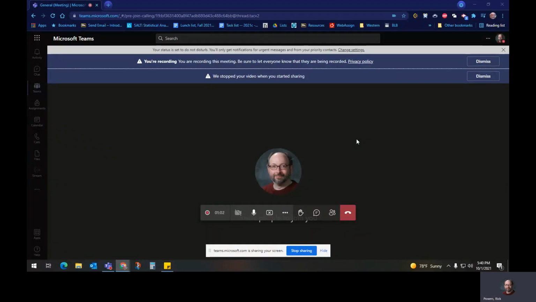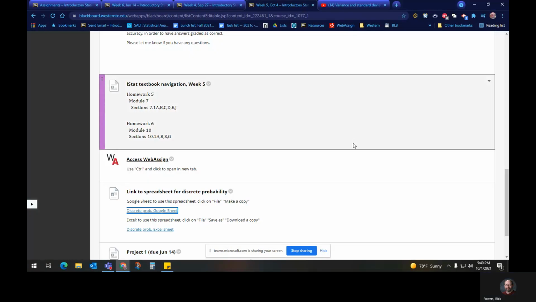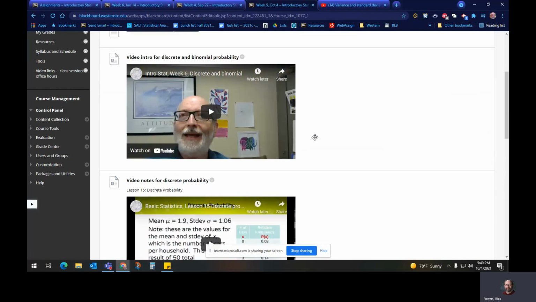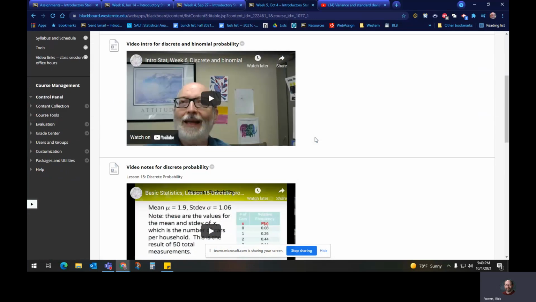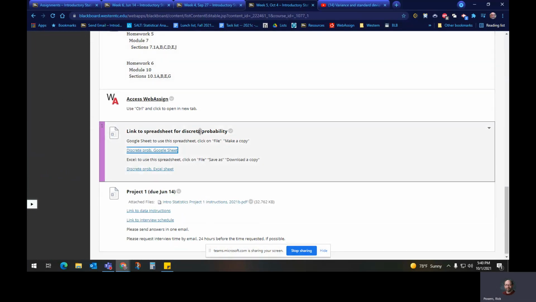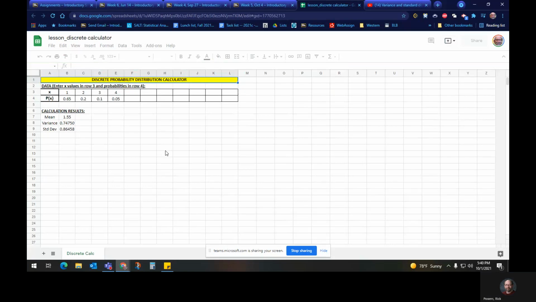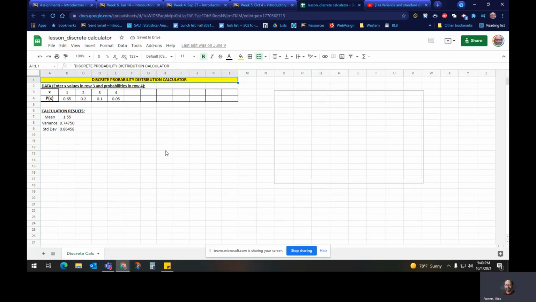All right, so I'm going to go to the information for this particular week, and we have a link to the spreadsheet for discrete probability. When I click on this, it comes up with a spreadsheet in Google Sheets.